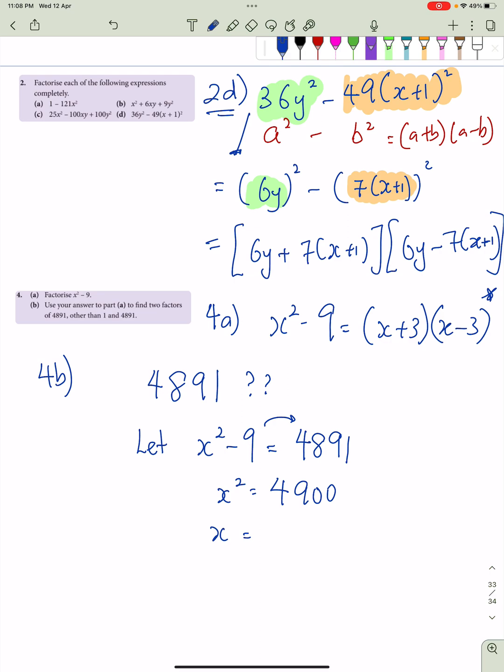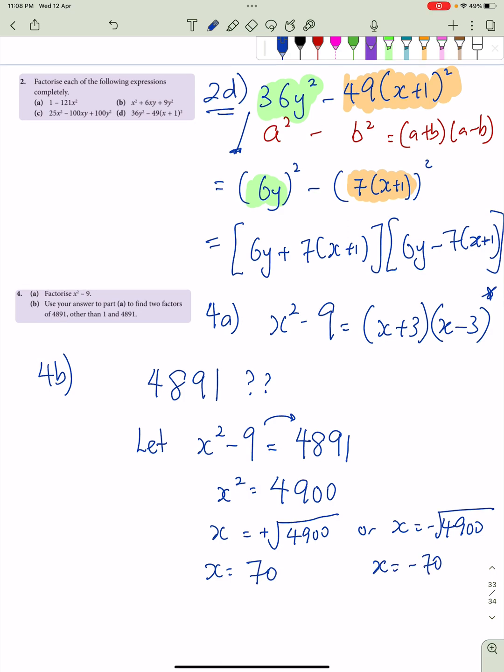To remove the square, I will do a square root, right? So square root of 4,900. It could be plus, it could be negative, right? So if I work further, it is just 70 or negative 70.